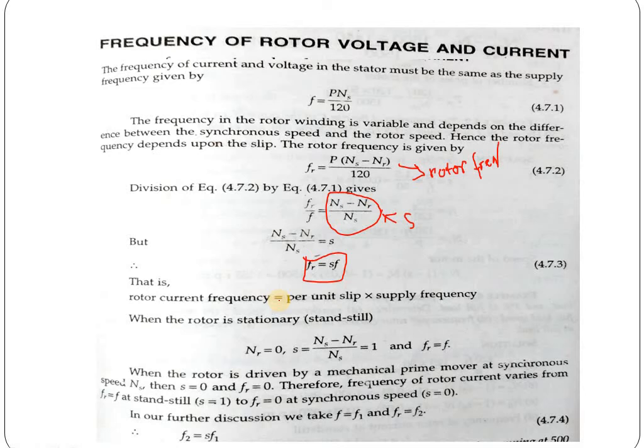In further discussion, we can take f equals f1 and fr equals f2. So, f2 equals s into f1. So, definitely rotor frequency and stator frequency are related with slip of the induction motor.